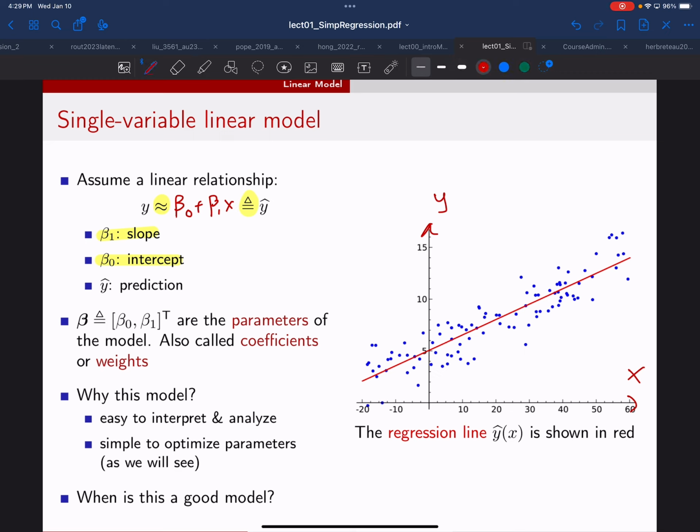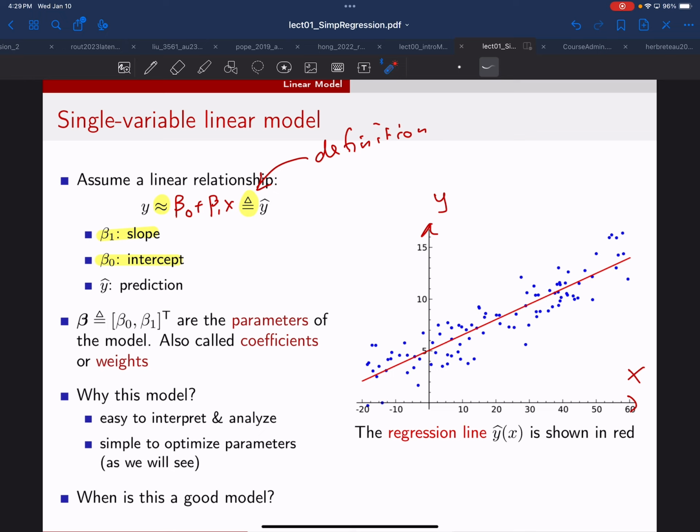Okay. And then one other piece of notation: this triangle equal is a definition. So a definition is just basically saying, I'm going to take this and give it the name y hat. So it's not something you can argue with because it's just a choice I'm making. Whereas an equality is really something we should pay attention to, because we're actually making some non-trivial claim when we write an equality.